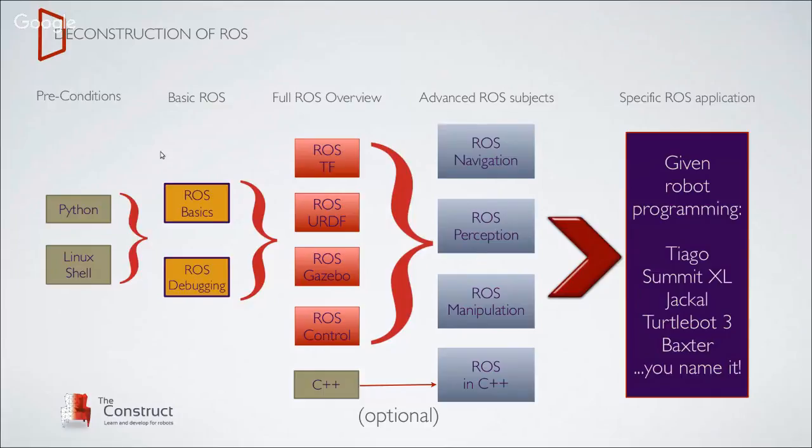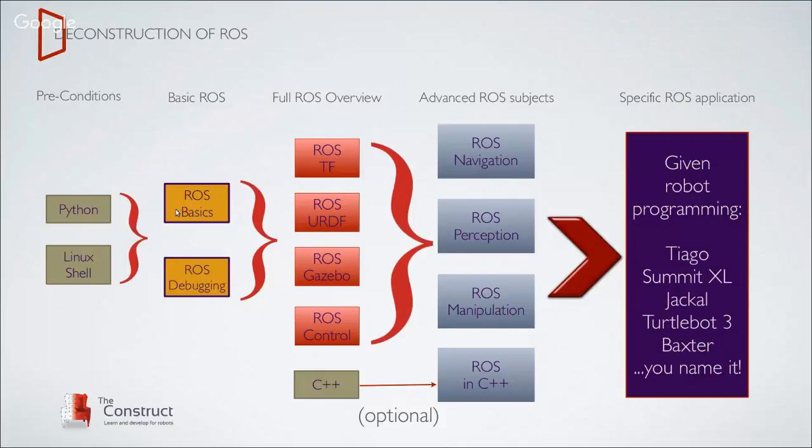For example, at the beginning, we have some preconditions. The preconditions indicate that the team must learn Python and Linux shell. They have to know this prior to attacking ROS. If they don't know this, bad. They have to start with this first, because otherwise it makes the problem larger and more difficult to solve.